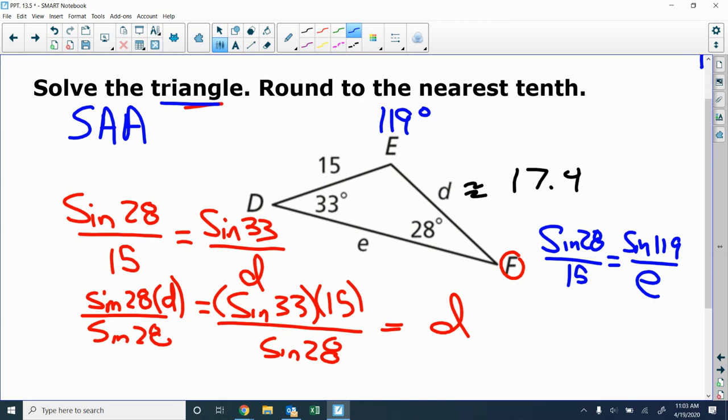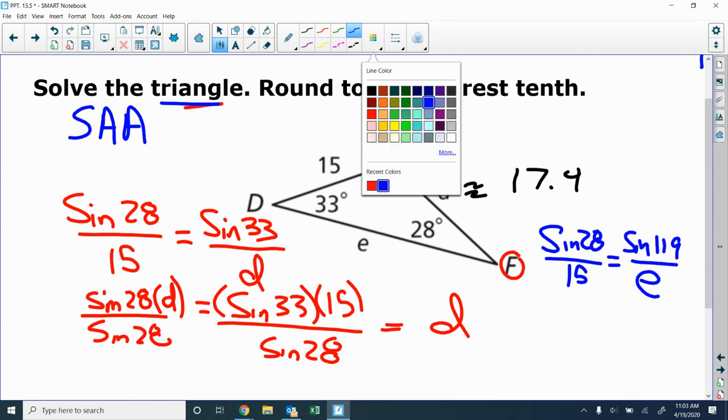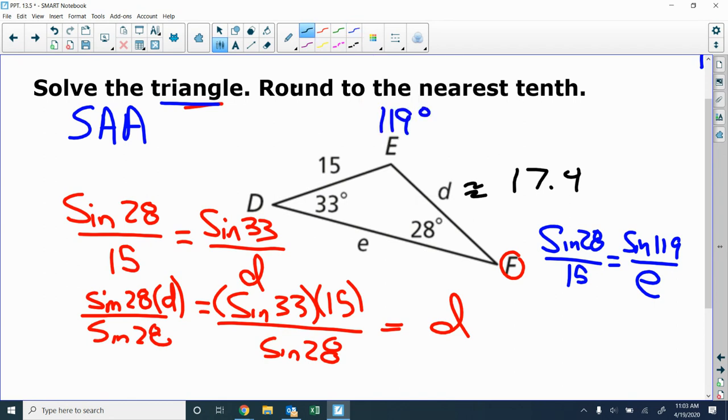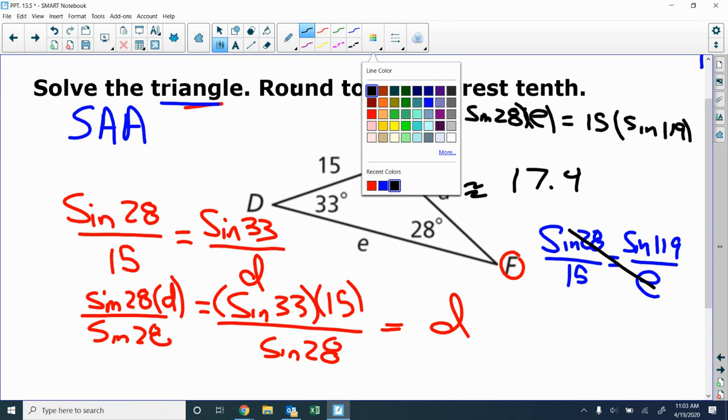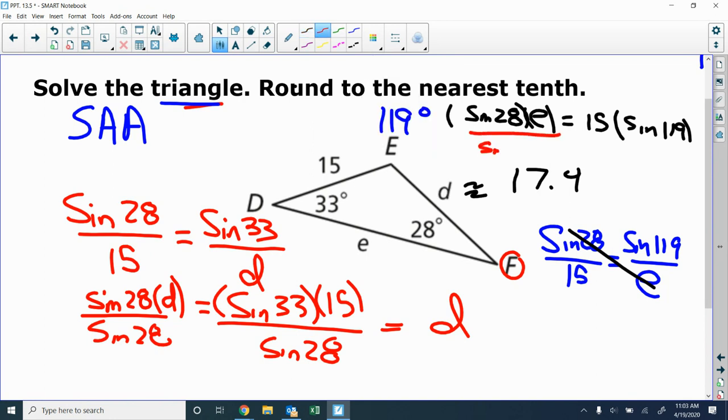So we're going to have sine of 28 times E, right? We're cross multiplying these here, is equal to 15 times the sine of 119. So again, we need to divide by sine of 28.